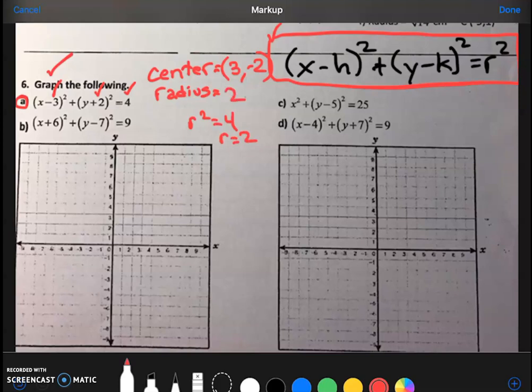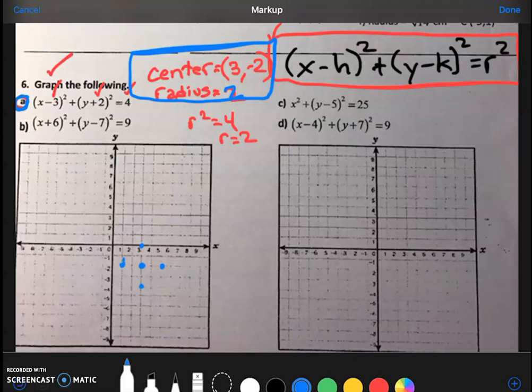So now we're going to use this information here to graph the circle. So 6a is going to turn into a circle graph. So first thing we do is graph the center, 3 over, negative 2 down. So there's the center. It has a radius of 2. So from that center, not from 0, 0, from that center, I go 2 over to the right, 2 up, 2 to the left, 2 straight down.